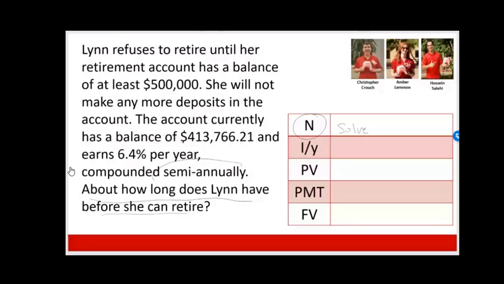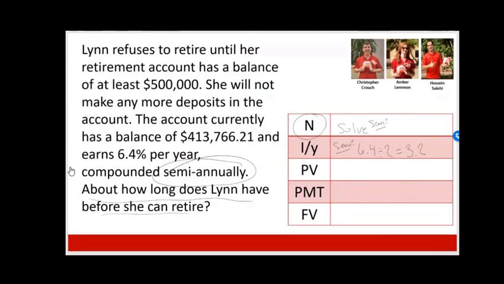So right away I know I'm going to have to adjust the n once I've solved for it, and I'm also going to have to adjust the rate, 6.4%. So my first move would be 6.4 divided by 2, and that'll give me 3.2 for my interest.